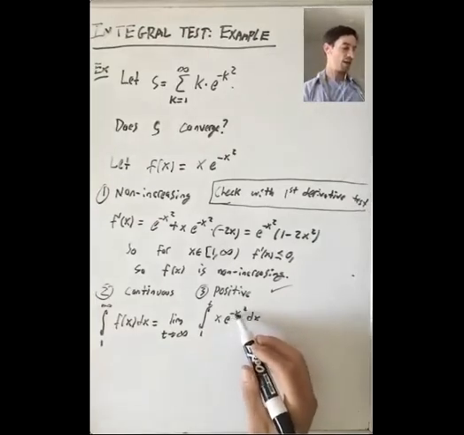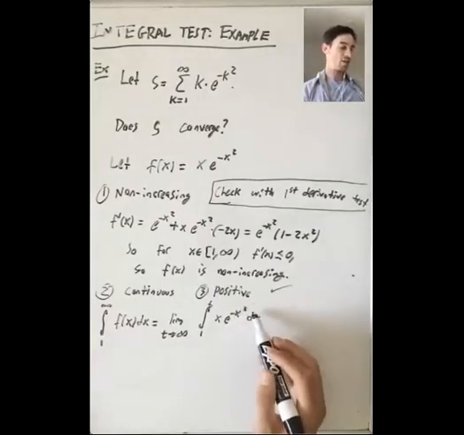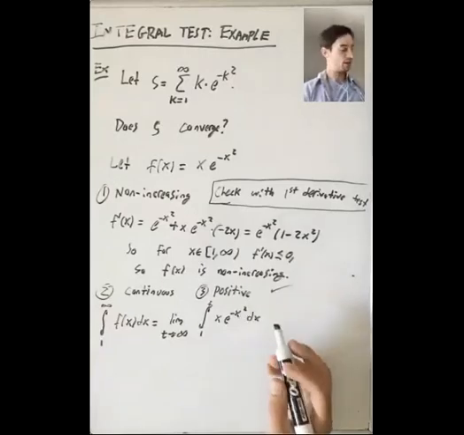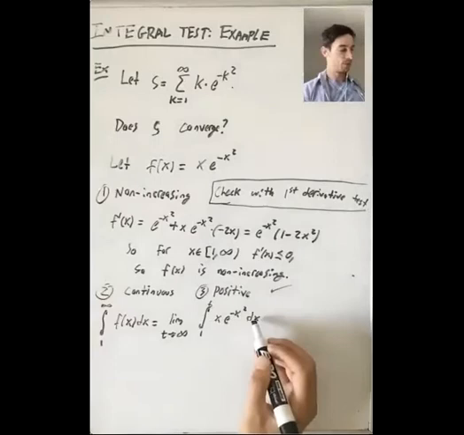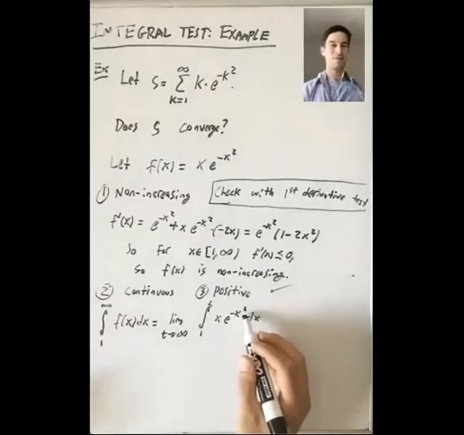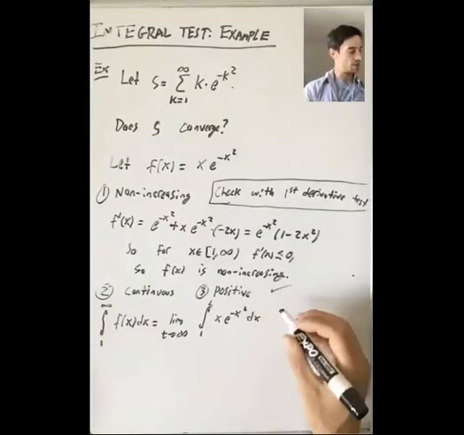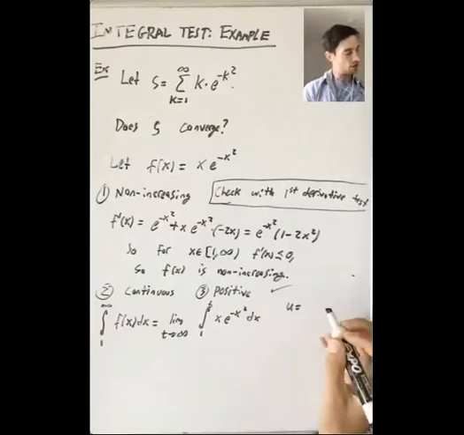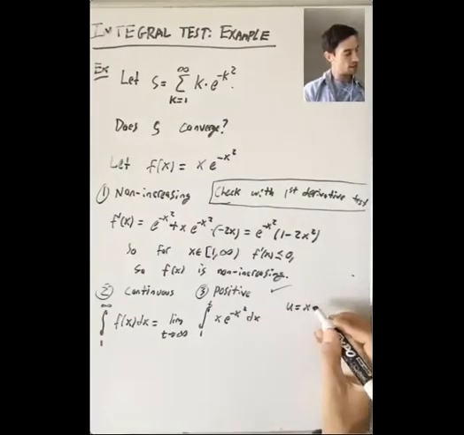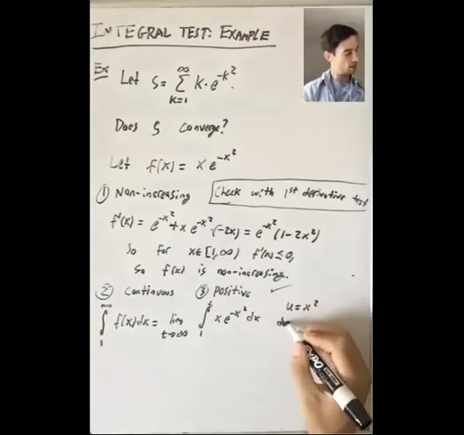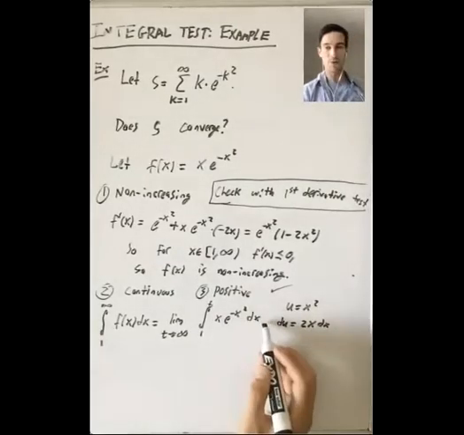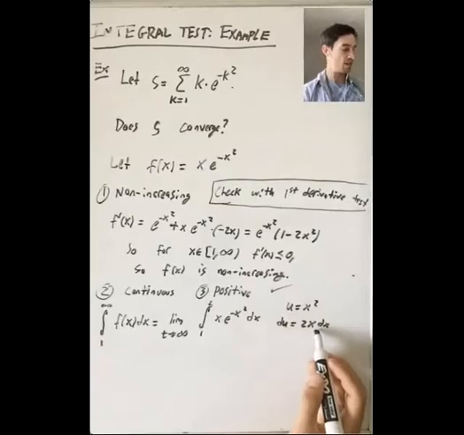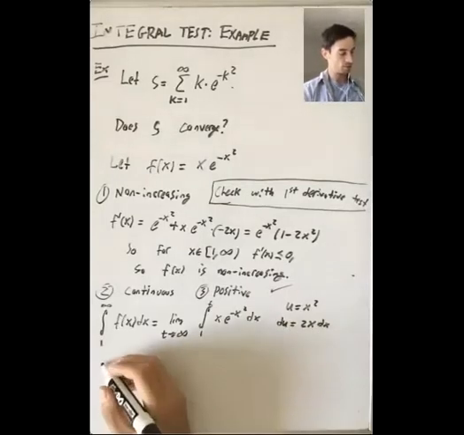What's difficult is this e to the minus x squared in the exponent. But we have an x dx here, which is really nice for u substitution. If you look at u equals x squared, then du is 2x dx, which is almost what we have here. We have a 1/2 du instead of a du.